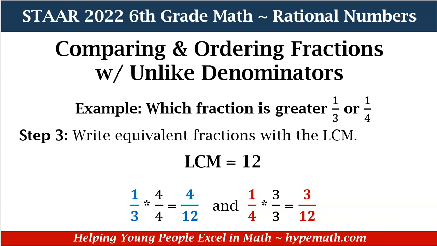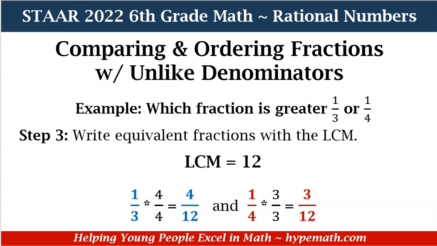And it is 4. Since I am multiplying the denominator by 4, I need to multiply the numerator by 4 as well, okay? So that's why we have 1/3 times 4/4, because again, our least common denominator, or our least common multiple, is 12, and we are making an equivalent fraction.